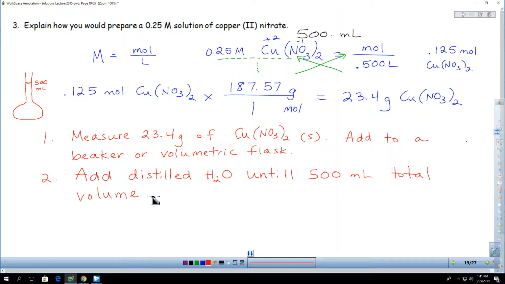And then finally, we would just stir to dissolve. Okay, so the wrong way of wording number 2 is to say add 500 milliliters of distilled water.